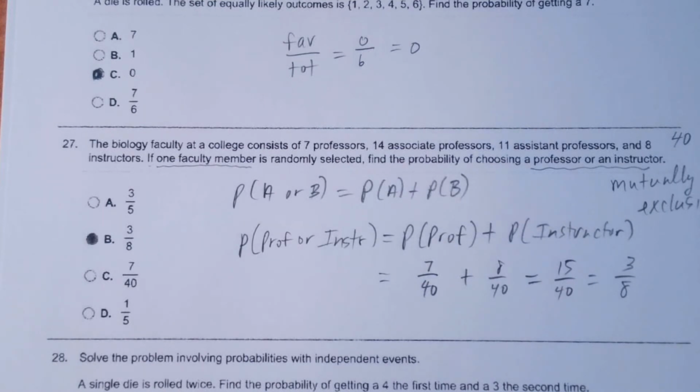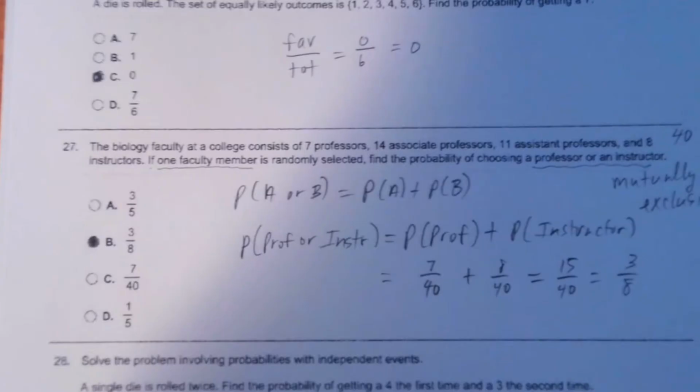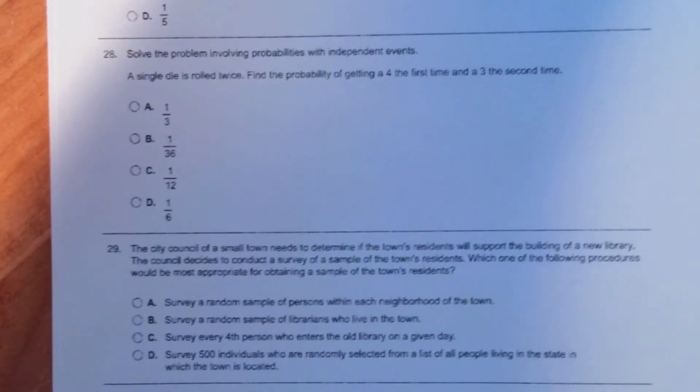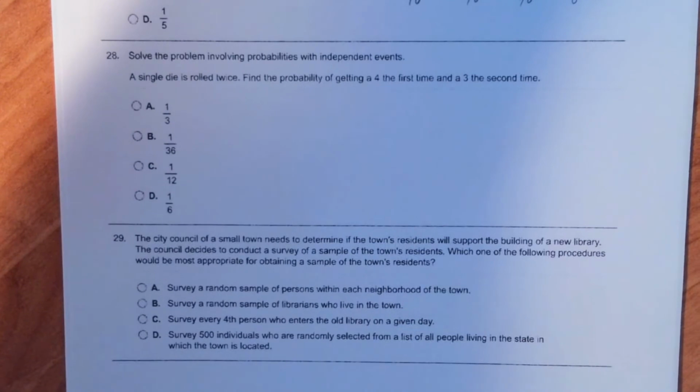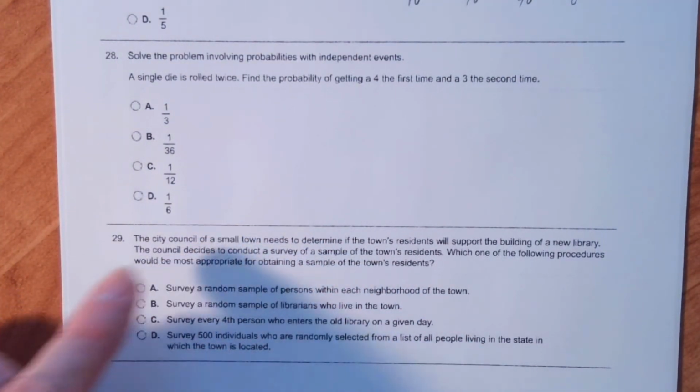Let's see, a single die is rolled twice. Find the probability of getting a 4 the first time and a 3 the second time. Talks about these being independent events.